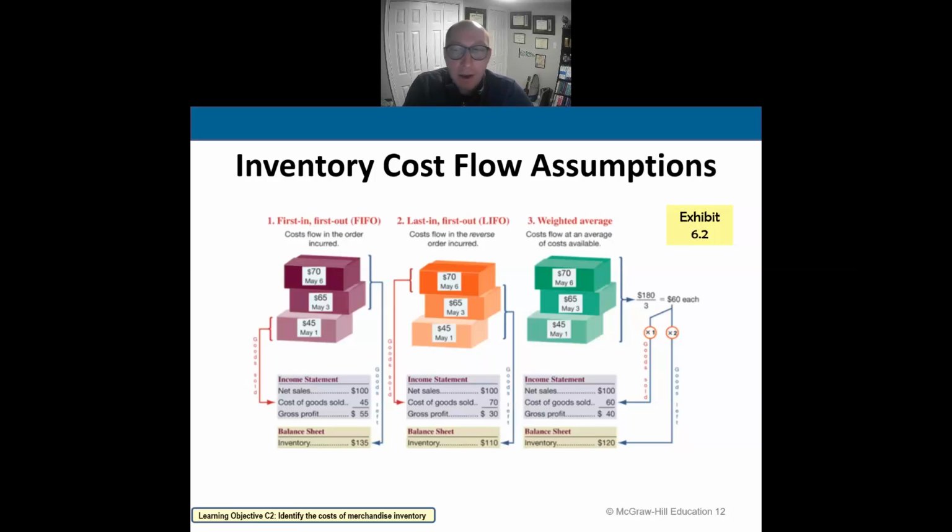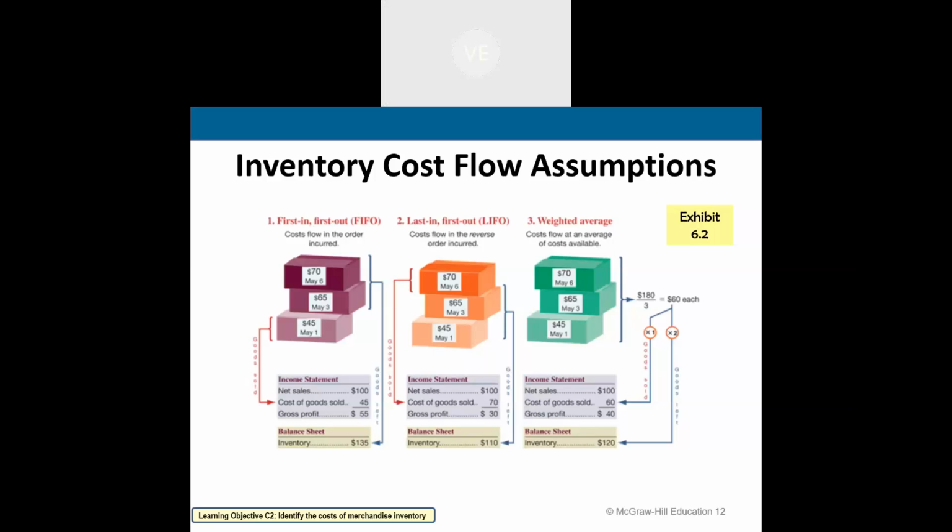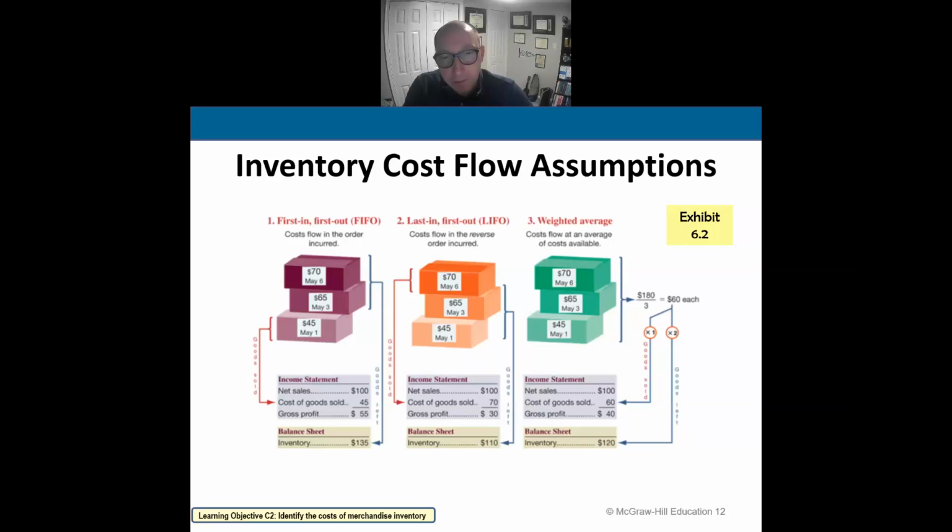I like that. Now, let's break this down a little bit more, Miss Edwards. So, last in, first out. I just got that order in. I'm selling that one first. Okay. Let's look at the income statement. Cost of goods sold $70 because it's the last one I got in. $100 minus 70, gross profit 30.